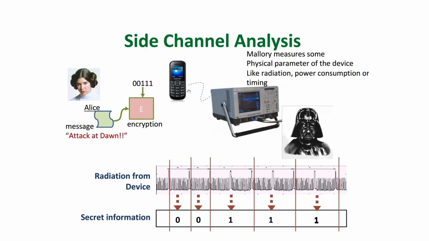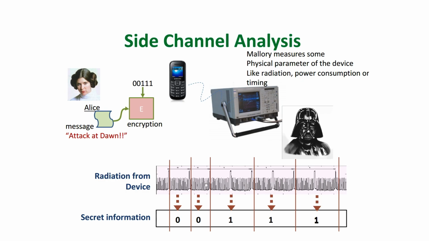In this particular case, we assume the attacker has used an antenna or has been able to tap into the power consumed by this device and monitor dynamically the radiation or other side channels such as the power consumed by this device. For example, this part of the figure shows dynamically the radiation from this device.